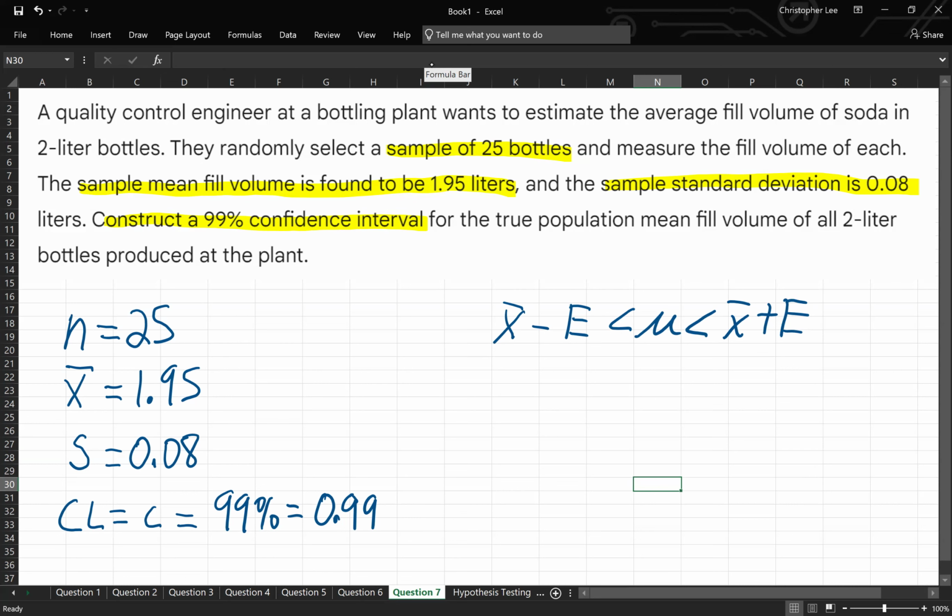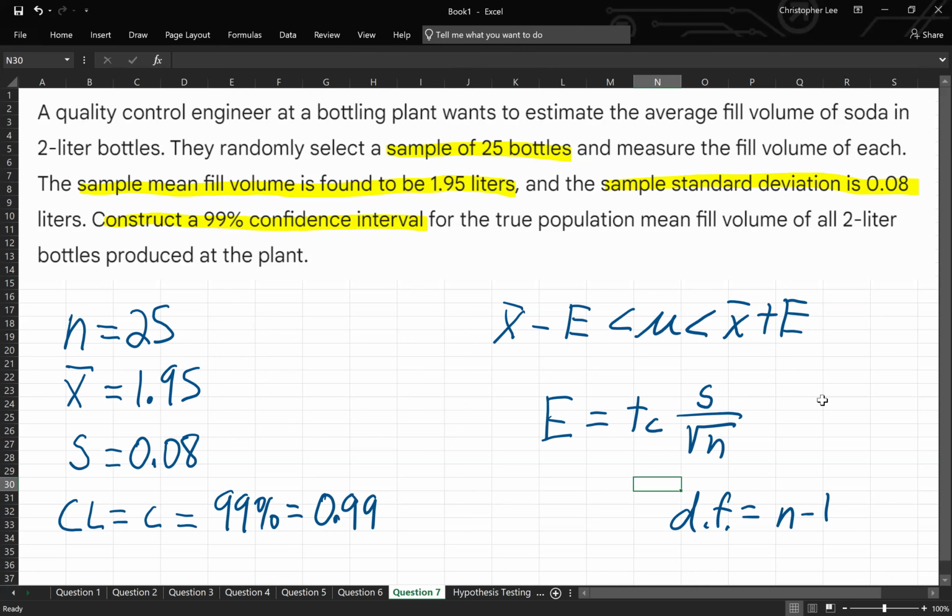On your test, will you know sigma? No, right? Good. So I'm going to use the E with the T critical times the sample standard deviation divided by the square root of n, with degrees of freedom of n minus 1.